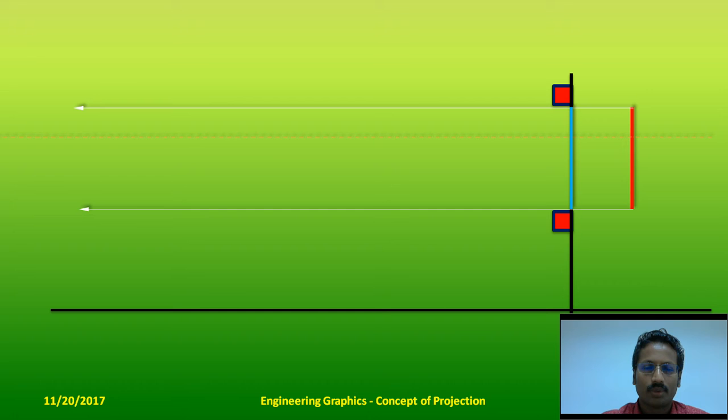So this is going to be the case of an orthographic projection. The word ortho means 90 degree and graphics means drawing. It's going to be a 90-degree drawing. That is, the projectors are going to be perpendicular to the plane of projection. Of course, this we will realize only when you keep the observer at infinity, then the rays become parallel to each other.